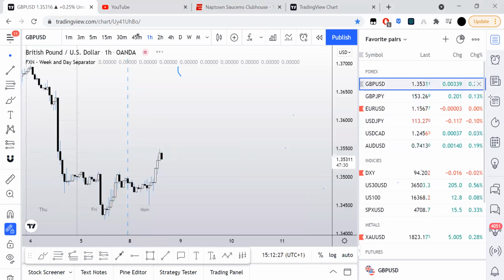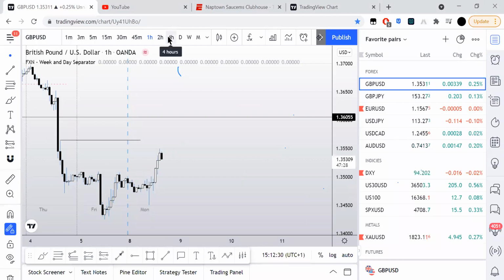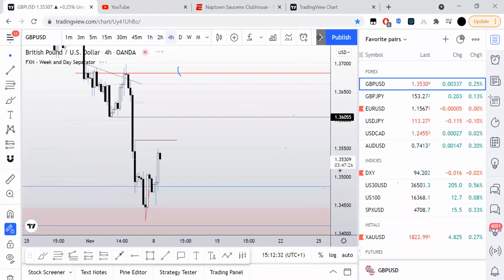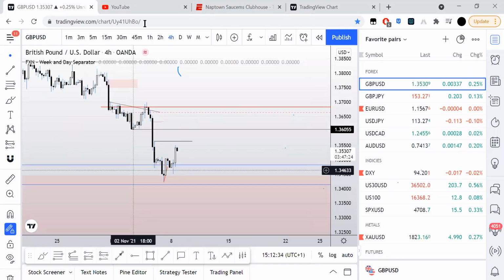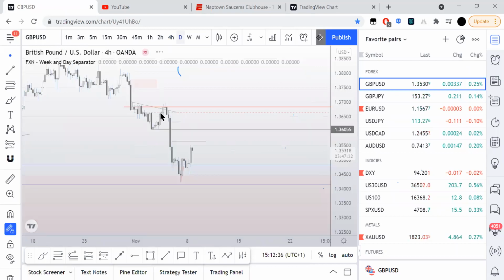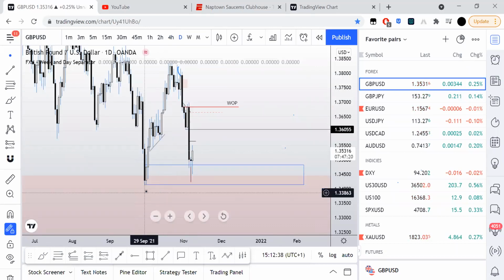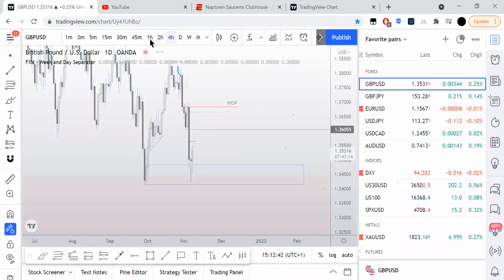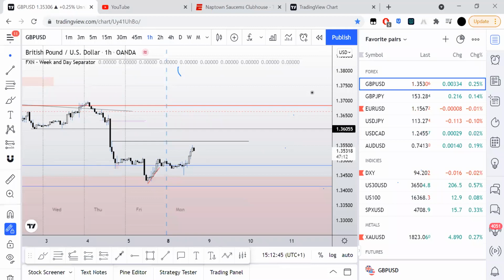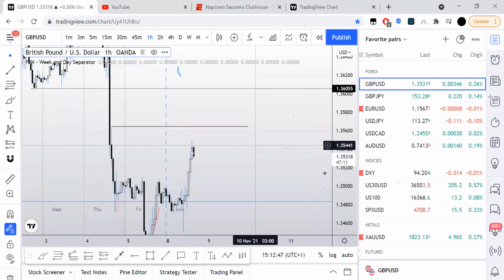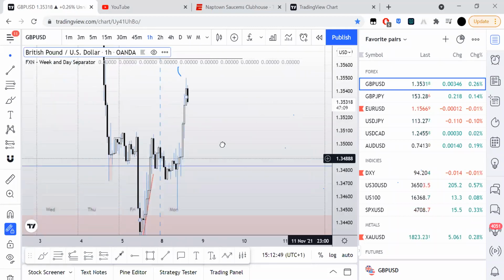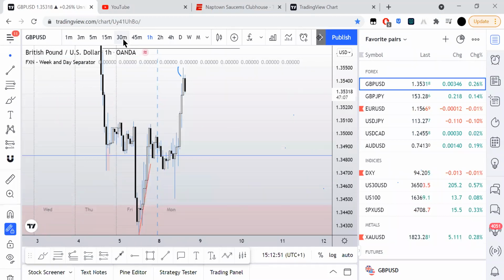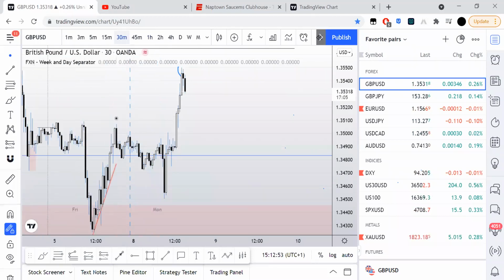GU, yeah, GU. I would rather sell GU than buy GU right now because we left in this daily low right here. Even though I would rather sell, I can look for buys, but I just don't know yet.